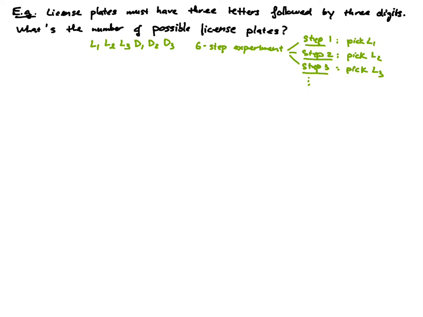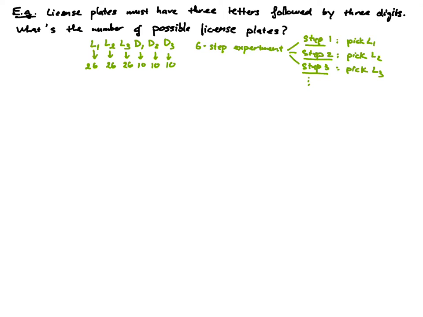So now when you pick L1, how many possible outcomes are there? You have 26 options for L1. Similarly, you have 26 options for L2, 26 options for L3. You have 10 options for D1, 10 options for D2, and then 10 options for D3.